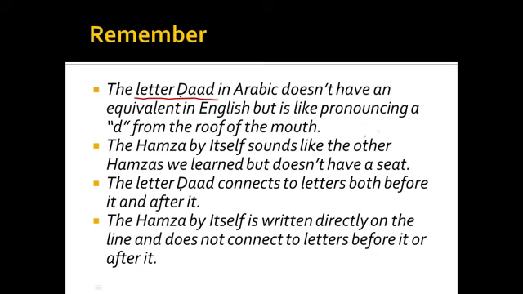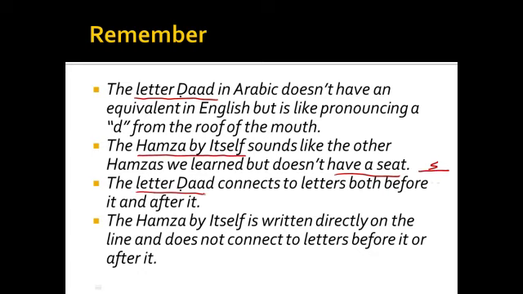The Hamza by itself sounds like the other Hamzas we learned. For example, the Alif Hamza and the Hamza on the Waw and the Hamza on the Ya. But it doesn't have a seat, has no seat. And it does what? It sits on the line. So if this is the line, then the Hamza will just sit on the line.